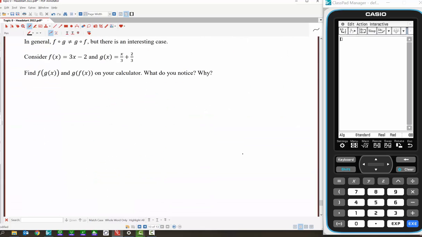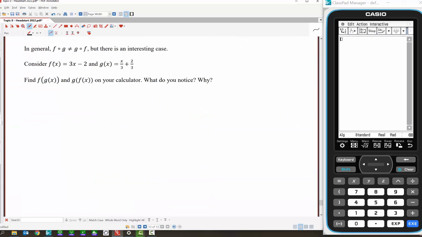Alrighty, for the very last problem. In general, f∘g is not the same as g∘f, but there is an interesting case. We've got f(x) equals that, g(x) equals that. Find f(g(x)) and g(f(x)) on your calculator. What do you notice and why? Let's just do it by hand.